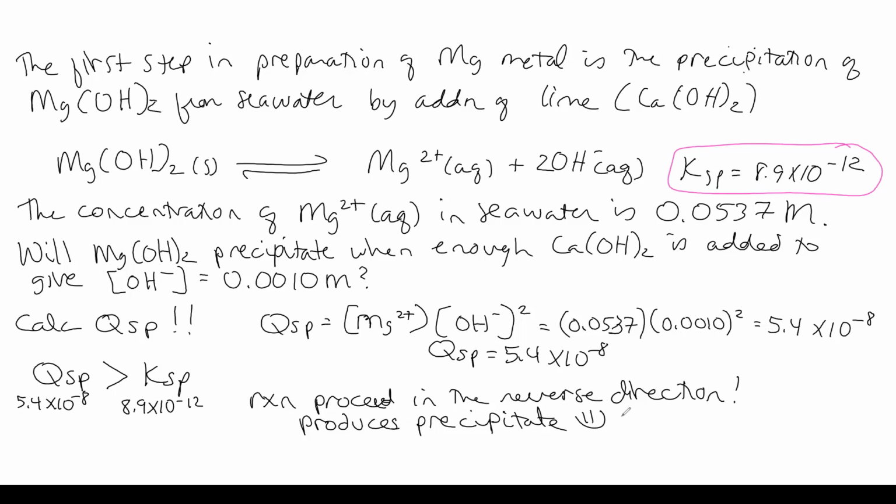All right, and it's going to produce precipitate until QSP is equal to KSP, and then the system will be at equilibrium. Okay, so it's going to precipitate out until the concentration of ions dissolved in solution is appropriate for equilibrium. So when it's low enough that QSP is equal to KSP.